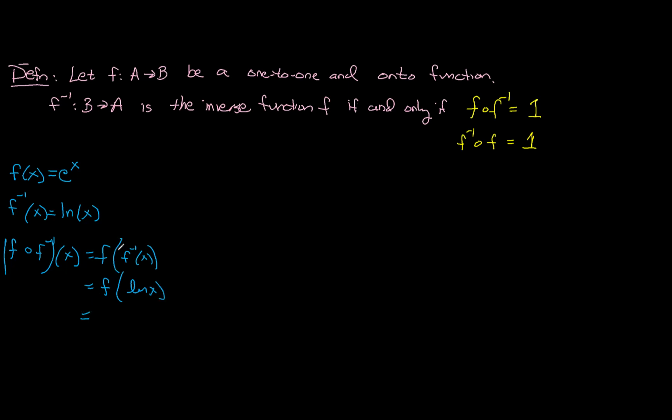And f of natural log of x would be e to the ln of x, which is just x. In other words, it gives you back the identity function. It's the identity function because you inputted in x and you got out in x. The x was unchanged. So it's the identity map. And you can verify that F inverse composed with F also gives you the identity in this case.